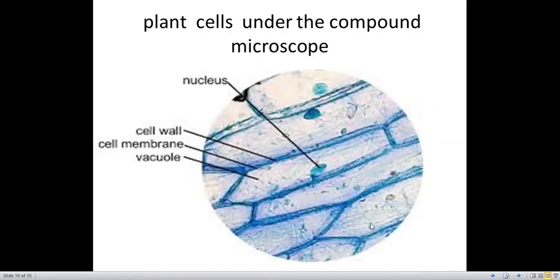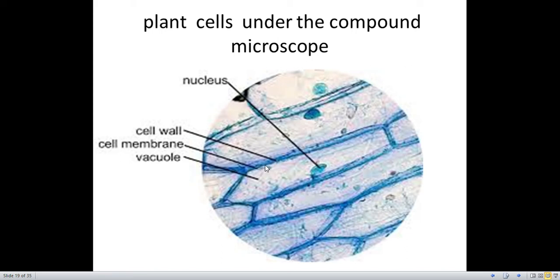Now, if you prepare a slide using a piece of onion, you will be able to see the cells like this. You can see the plant cells under the compound microscope like this. You will be able to identify the nucleus, the cell wall, and the cell membrane.